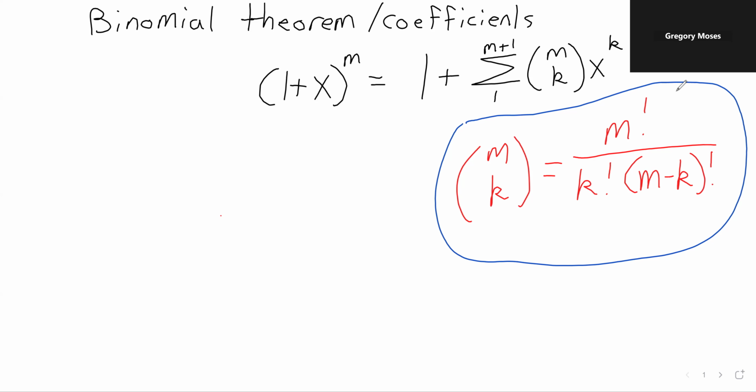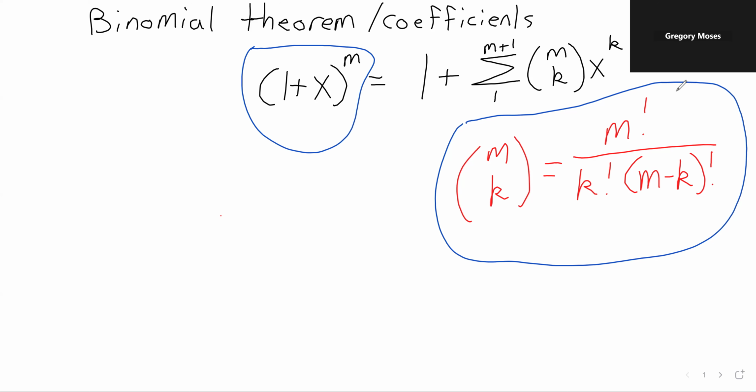We say, okay, we've got this function. We can take its Taylor series and try to write it as a sum. And so far, and in general, all of our Taylor series have been infinite.